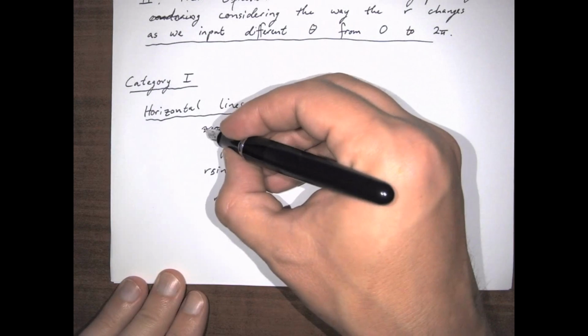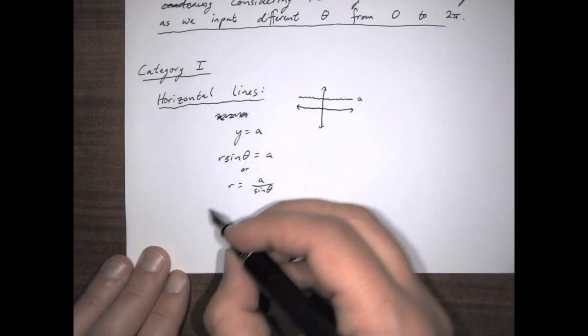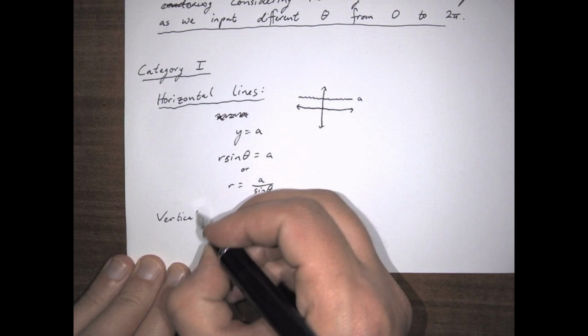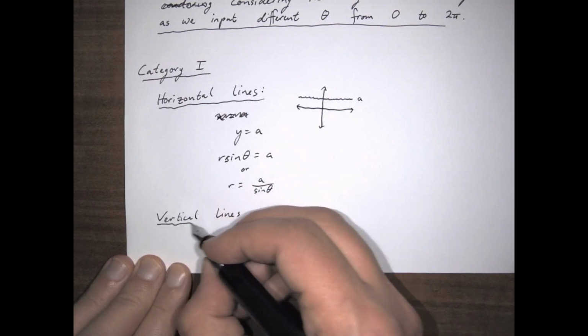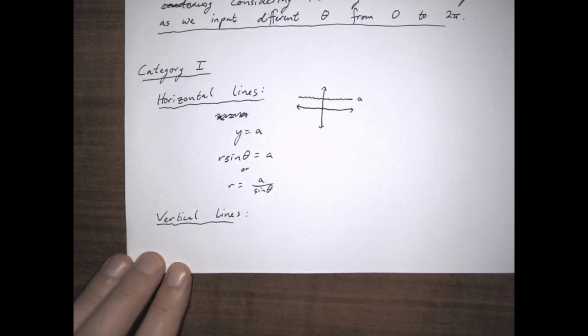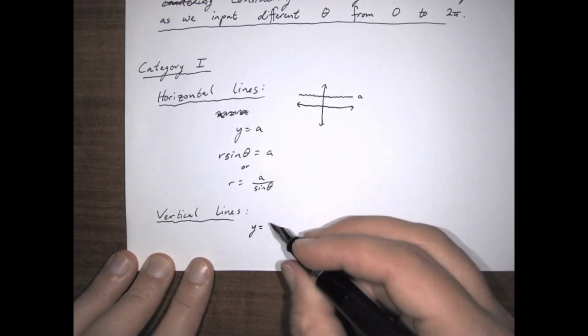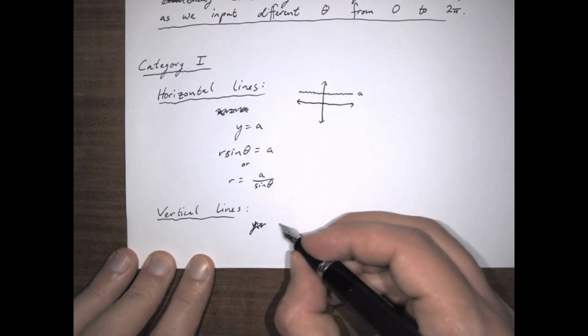Usually when we're producing graphs, we stick with the functions that are easiest to work with, and that would be sine and cosine. Vertical lines, on the other hand. So it's x equals a.